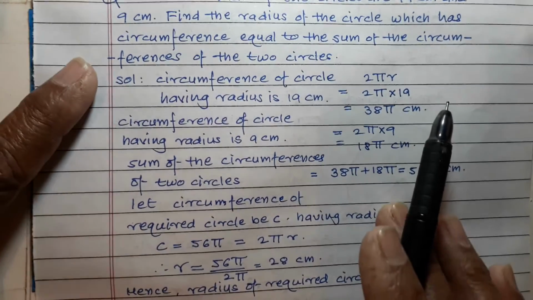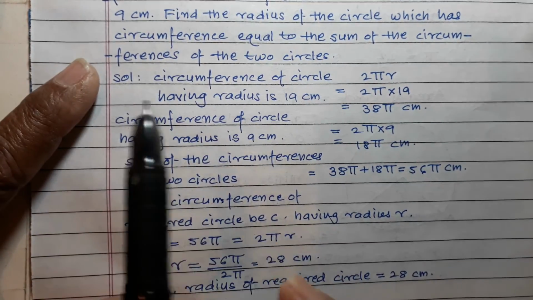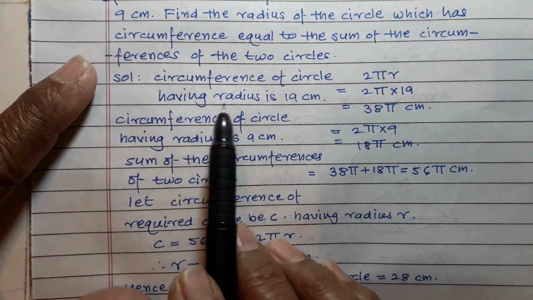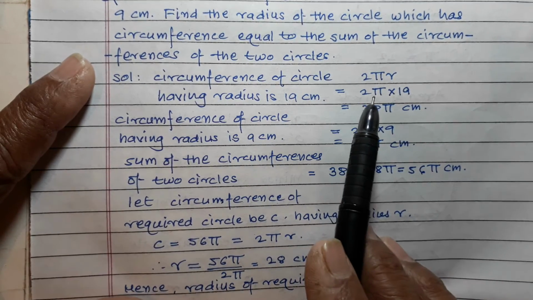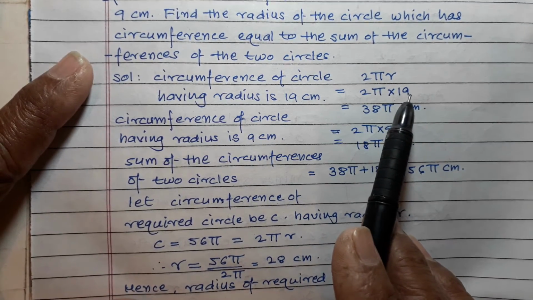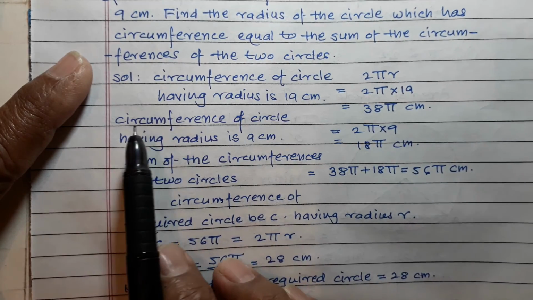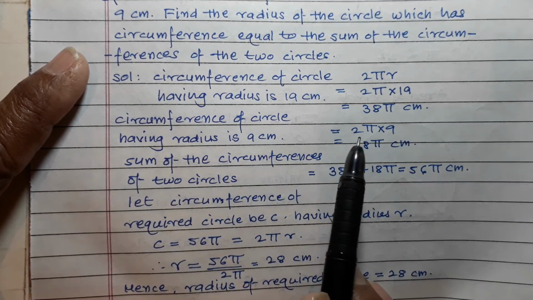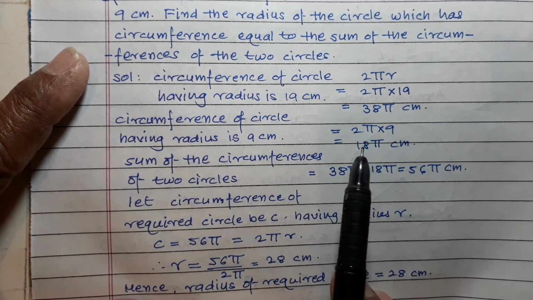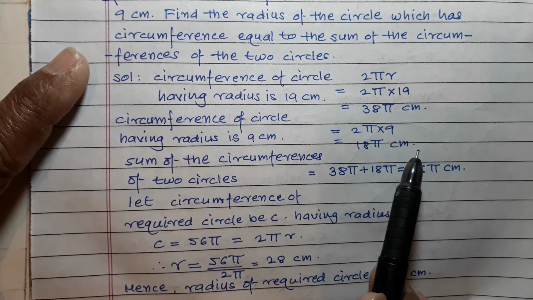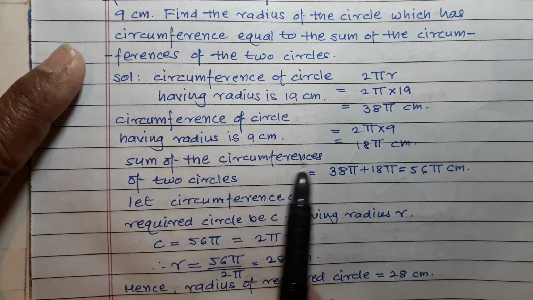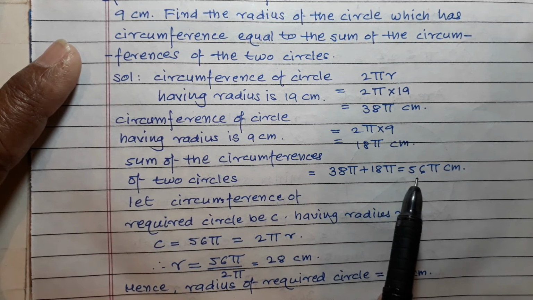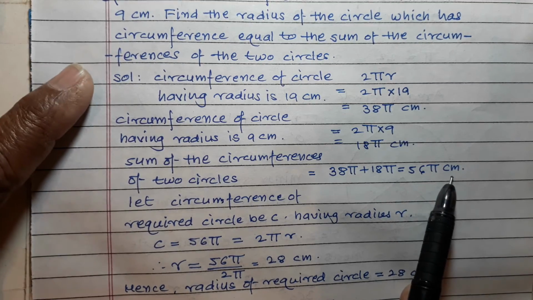Now try to understand the solution. Circumference of circle is equal to 2 pi r. Having radius 19 centimeter is equal to 2 pi into 19 centimeter. Circumference of circle having radius 9 centimeter is equal to 2 pi into 9, that is 18 pi centimeter. Sum of the circumferences of two circles is equal to 38 pi plus 18 pi gives you 56 pi centimeter.